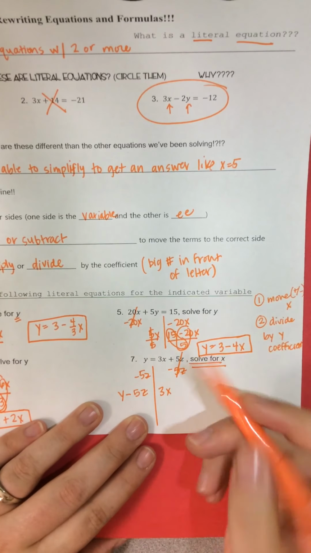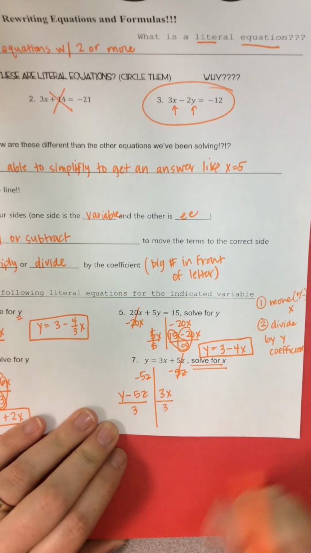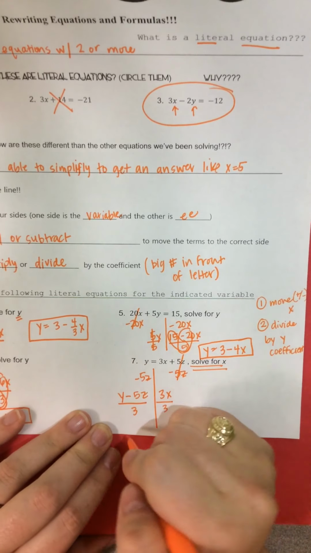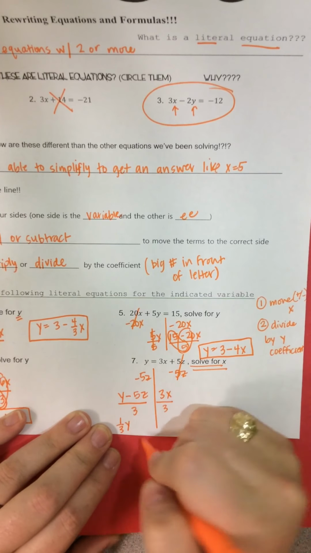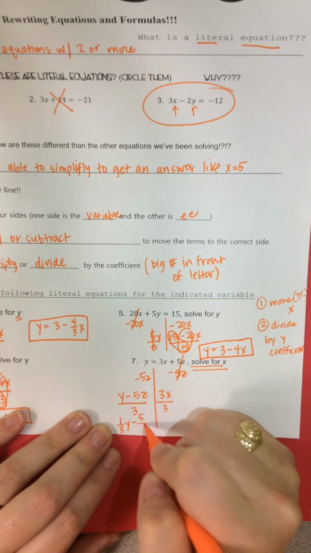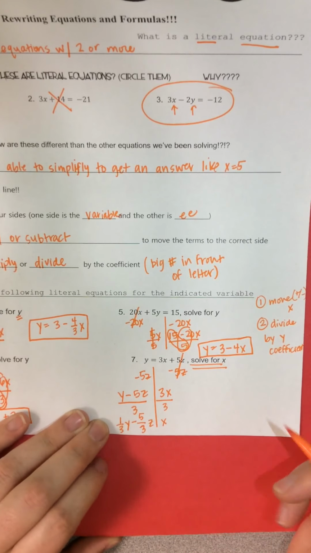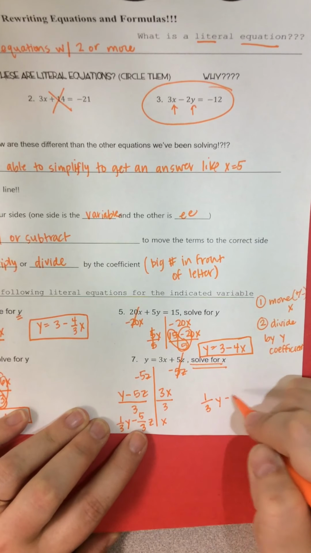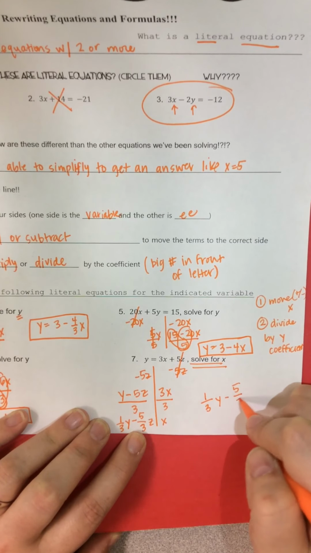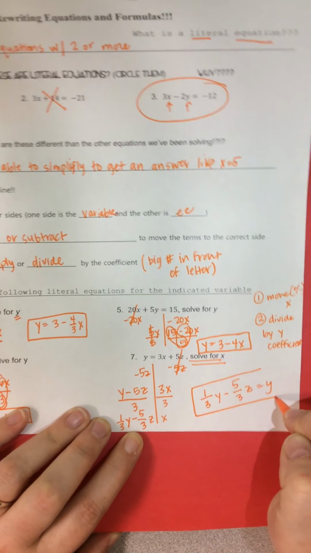Then we're going to divide by 3. The number in front of that y is just a 1, so 1 divided by 3 is 1/3. Negative 5 divided by 3 is negative 5 over 3z. I know this gets confusing with these fractions, but it's so much easier if you leave them as a fraction instead of giving me these long decimals. So that's how we're going to leave it. And that is your answer.